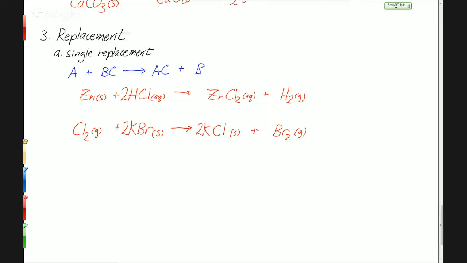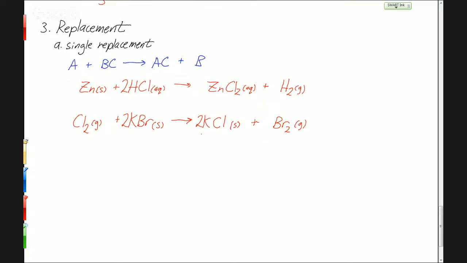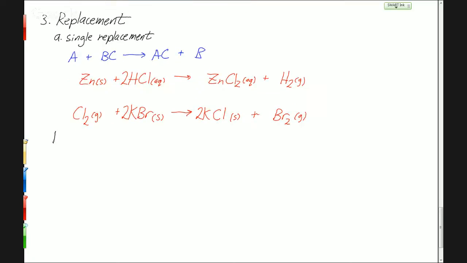All right, and then the next part of this category is the double replacement. This is where you have usually two ionic compounds, AB and CD, and they switch partners.